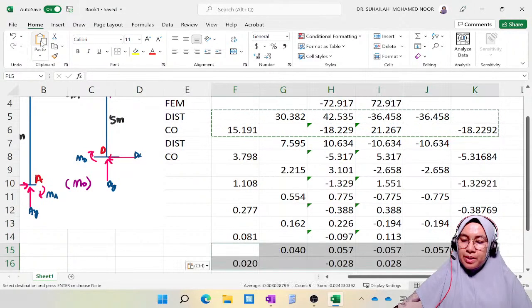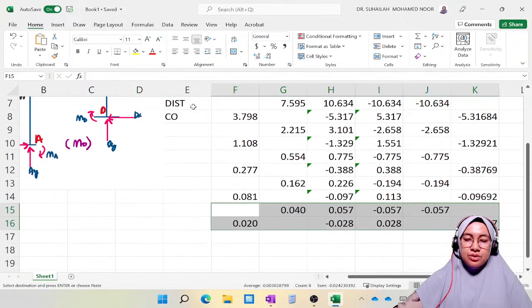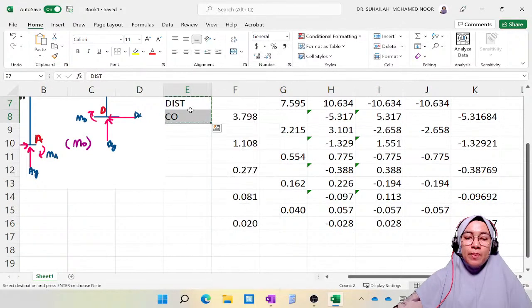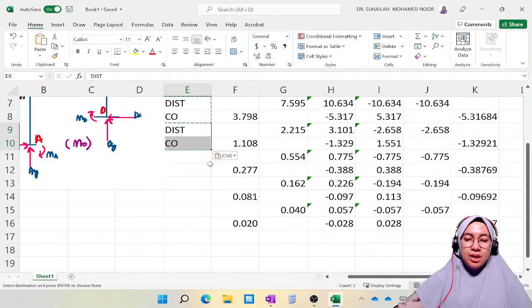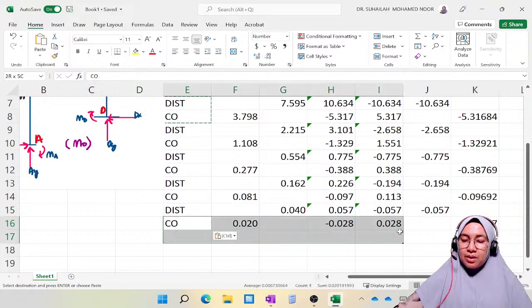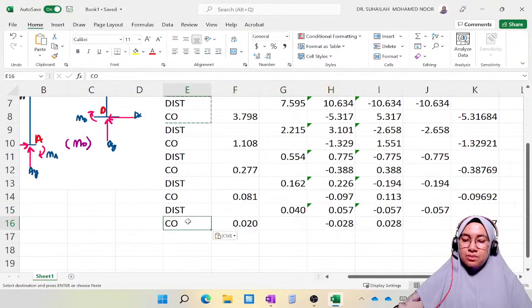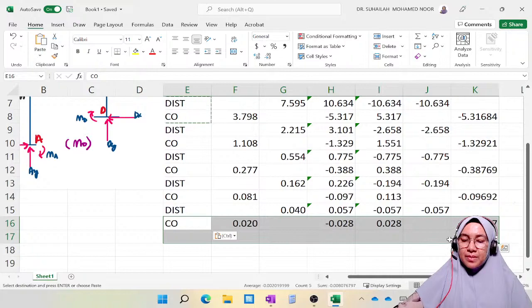We can also repeat another one. Remember to stop at distribution. Never stop at carryover. The last one must be distribution. So I need to delete this.